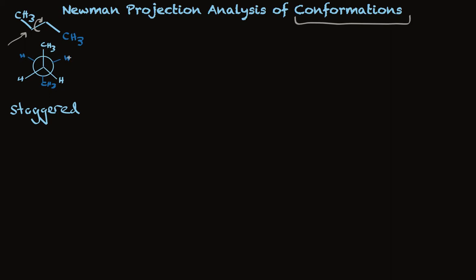So these atoms, this hydrogen is right smack in the middle in the space between the CH3 and the H. And there's a special relationship between the two methyl groups. One sticks straight up and one sticks straight down.